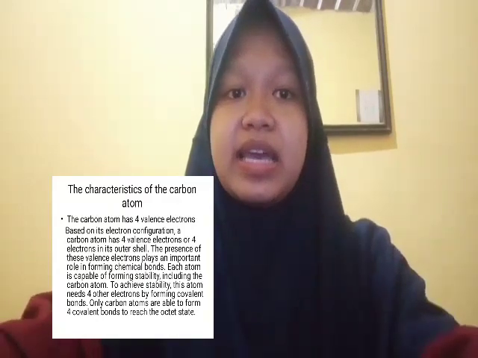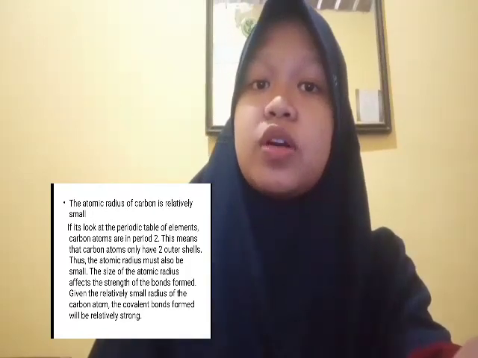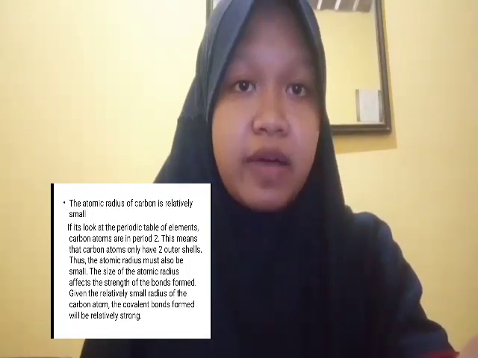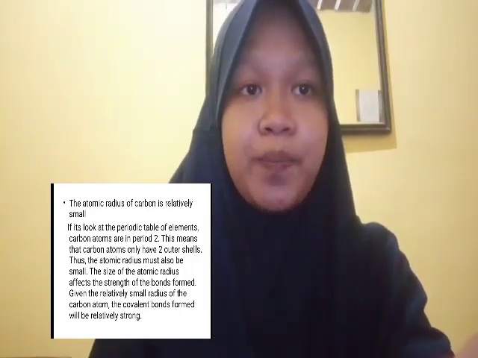The second characteristic of carbon is that the atomic radius of carbon is relatively small. If we look at the periodic table of elements, carbon atoms are in period 2.